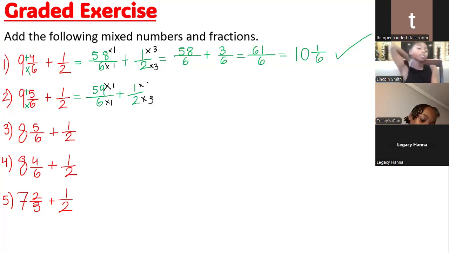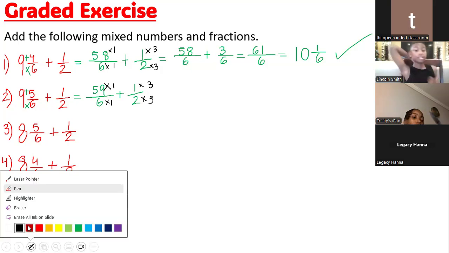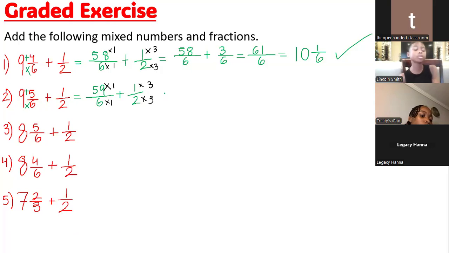And 6 goes into itself once. So 59 over 6 will be 59 over 6, and 1 over 2 will be 3 over 6.